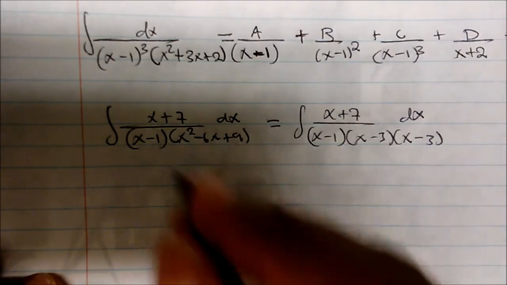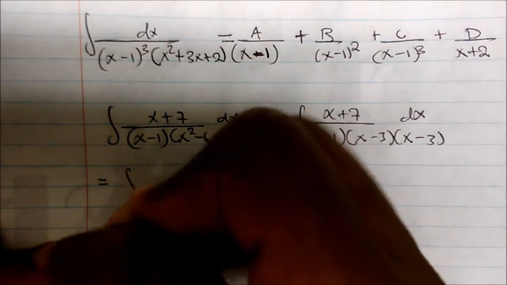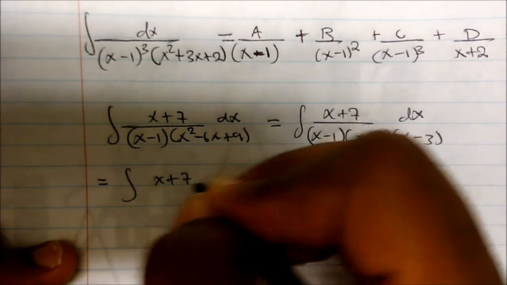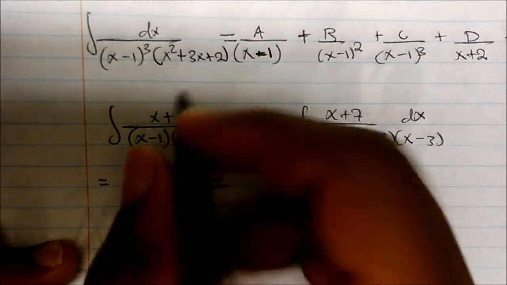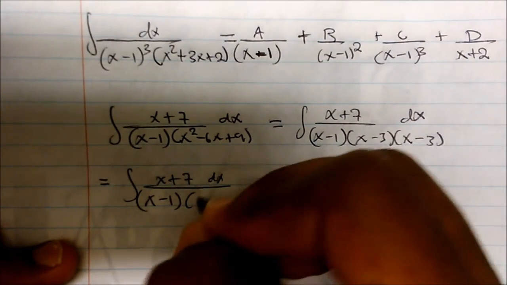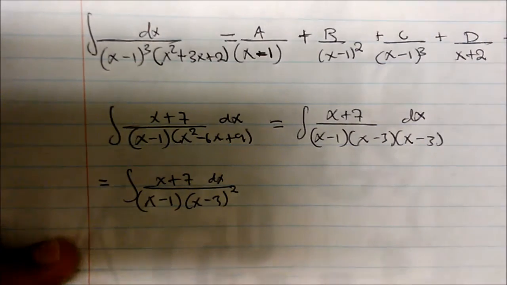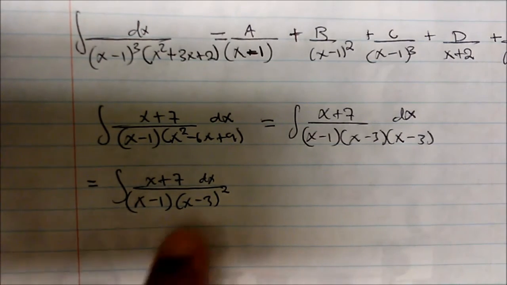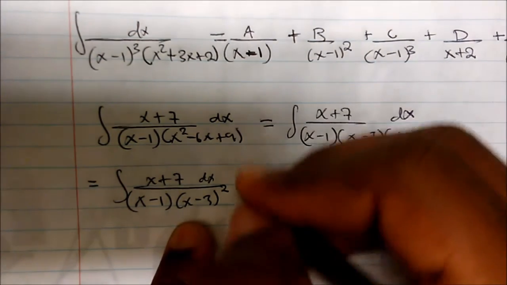And so I could simplify this to be written as the integral of x plus 7 dx divided by x minus 1 times x minus 3 squared. Okay. And so the bottom now is in its simplest form.